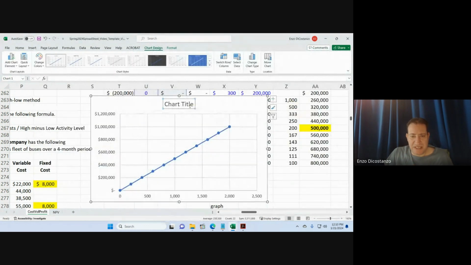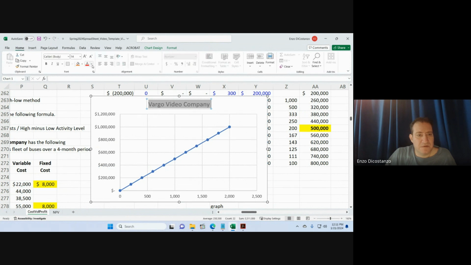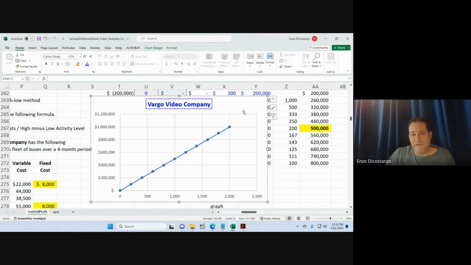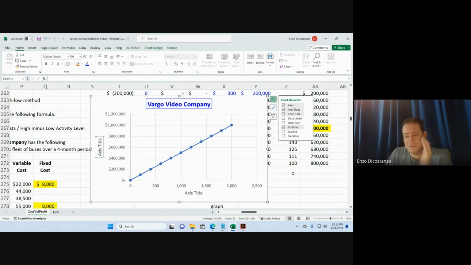And we're going to do a lot of things with this. We're going to put the company's name up here. Okay, spell it right. Okay, you can put a nice font in that. Maybe make it bold. Okay, you can do that. You can even put a border around this thing, an outline. Nice border around it. Okay. You can click on the box here, axis titles.